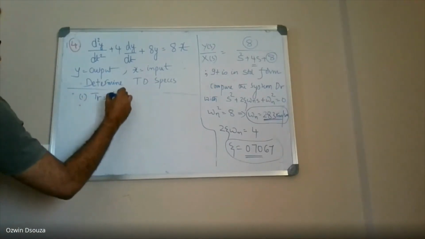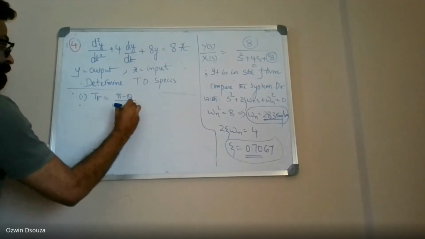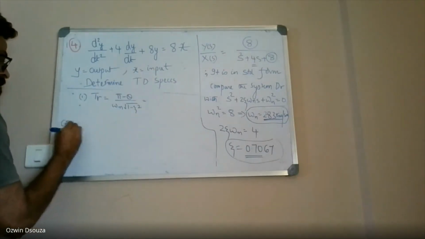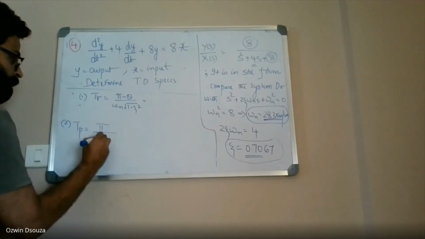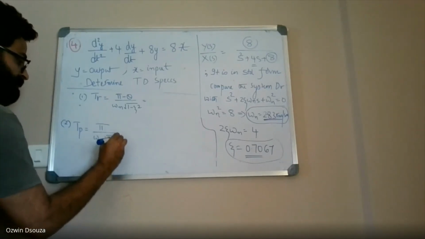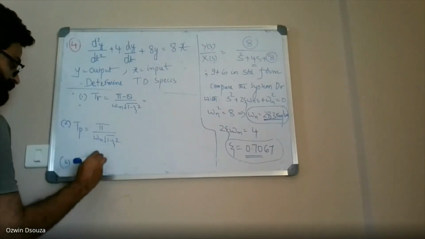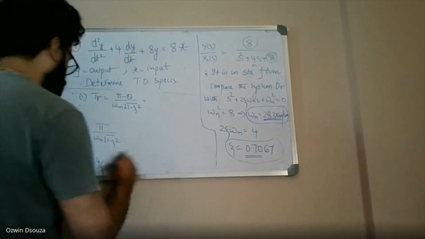TR is pi minus theta divided by omega n into under root 1 minus zeta square. TP is pi by omega n into under root 1 minus zeta square. Settling time is 4 by zeta omega n.